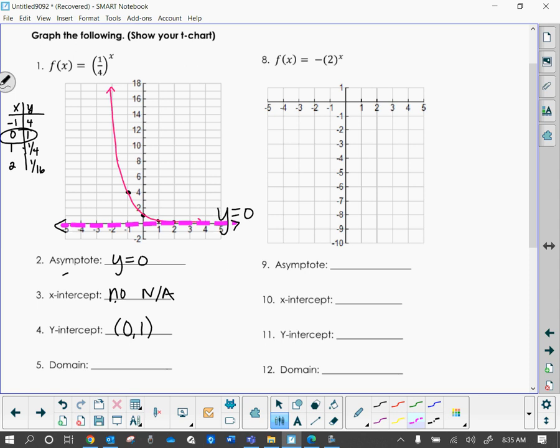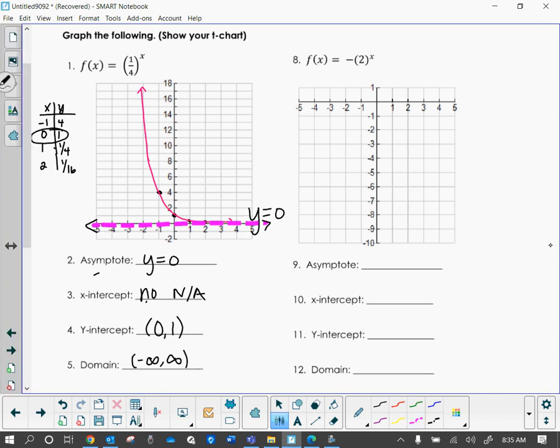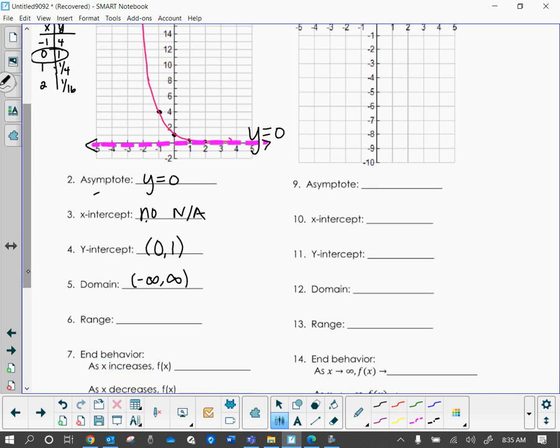Does it go left and right forever? Yeah. So the domain would be negative infinity to infinity. The range starts at 0, then it goes to infinity.